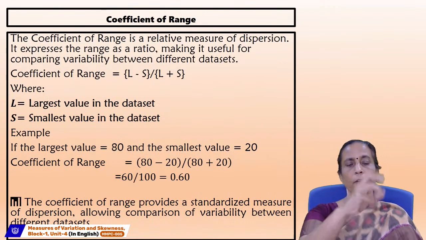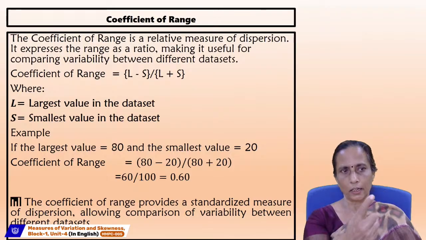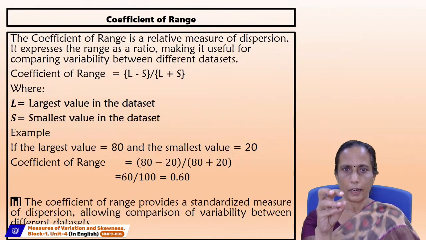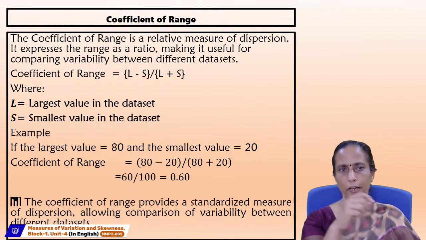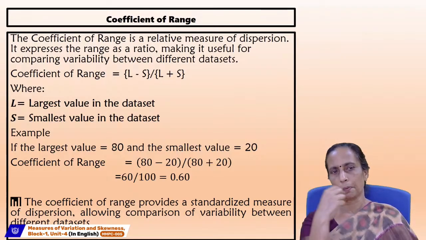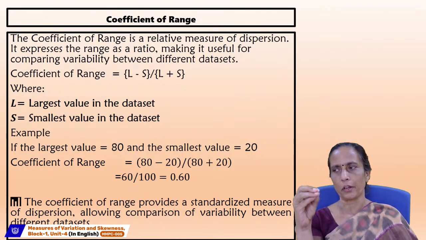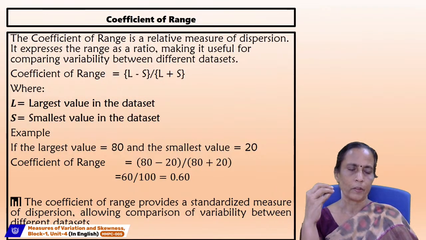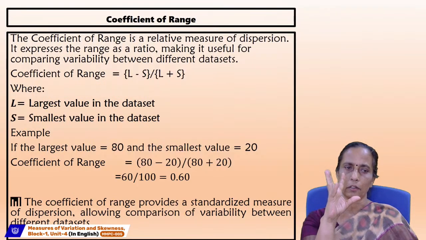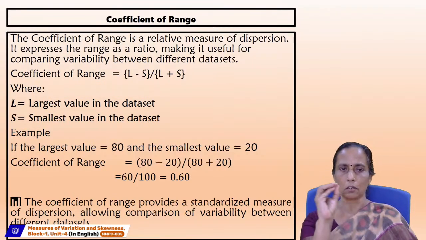Next is the relative measure, that is your coefficient of range. It is a relative measure of dispersion and it expresses the range as a ratio, making it useful for comparing variability between different data sets. It is L minus S divided by L plus S, where L is the largest value in the data set and S is the smallest value.